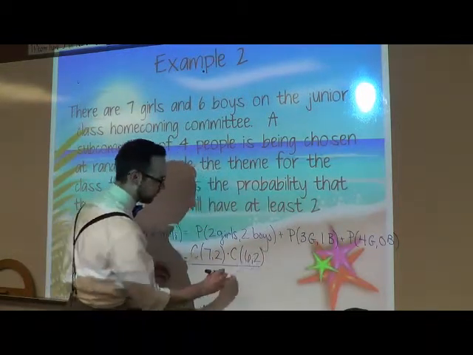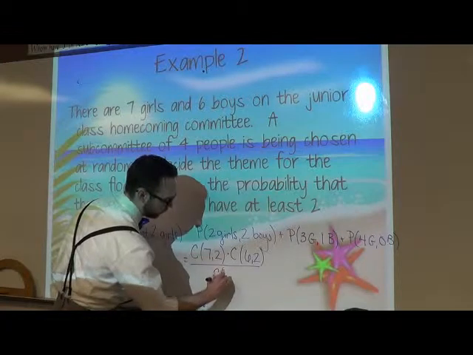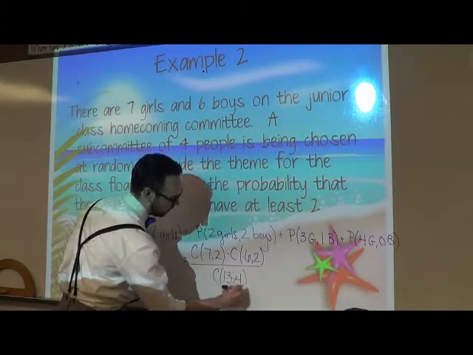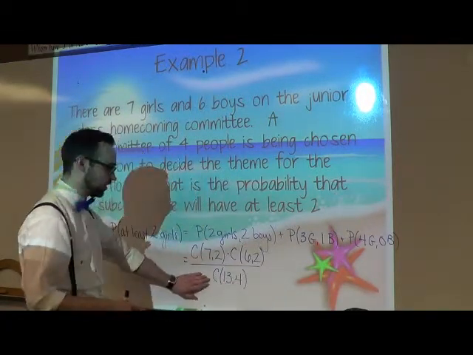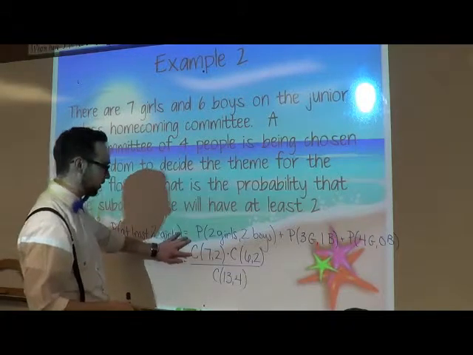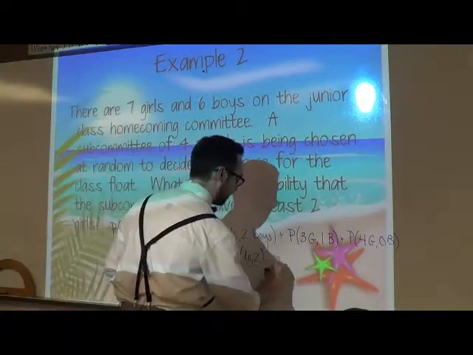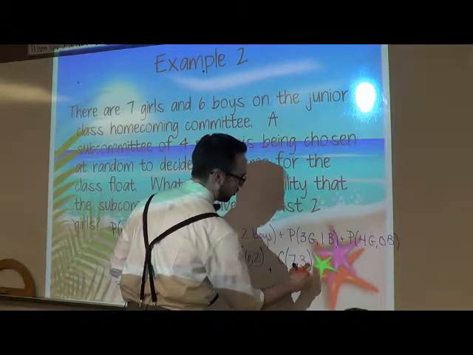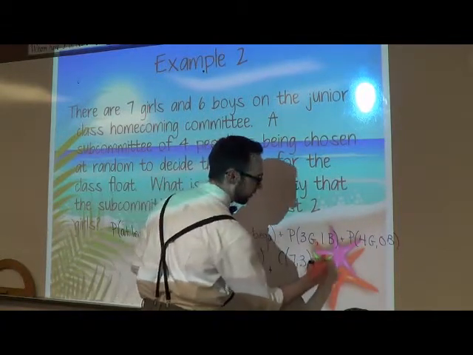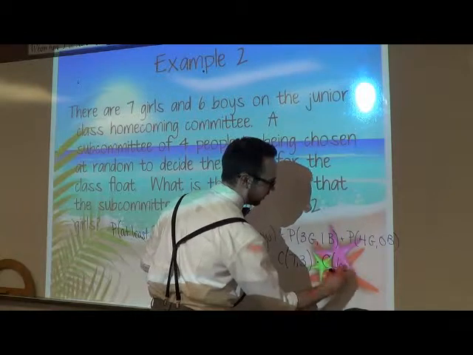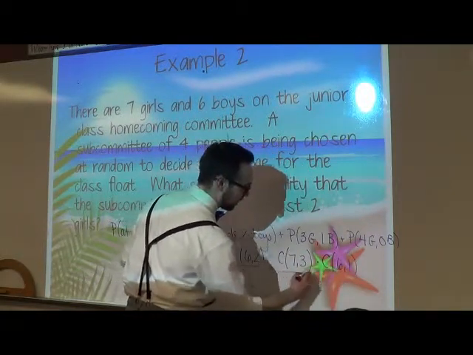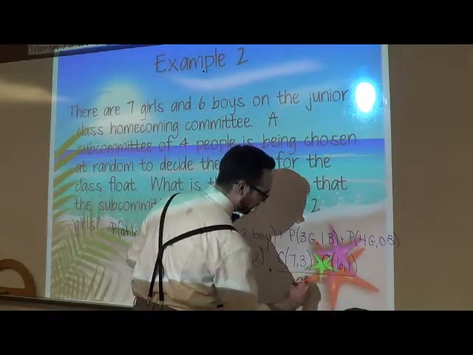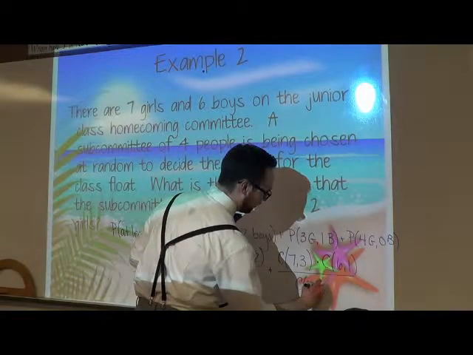But we have 13 total people choosing 4 of them is my total option down here. So this will stay the same for all of them. This is the piece that's going to change. Because now I come down here and I say, okay, now I'm going to do a combination of 7 choose 3 girls times a combination of 6 choose 1 all over that same combination of 13 choosing 4.